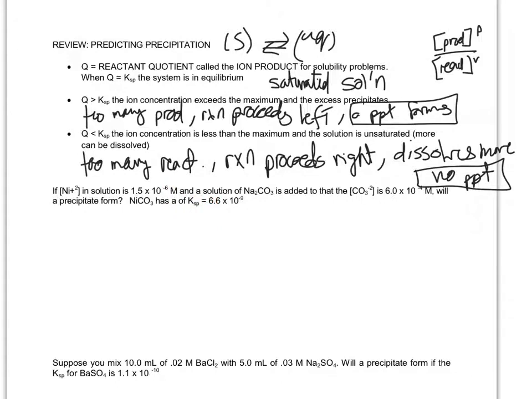So the second thing you want to do after you figure out that it's nickel carbonate is write out your dissociation equation for the nickel carbonate, and then your Ksp expression.